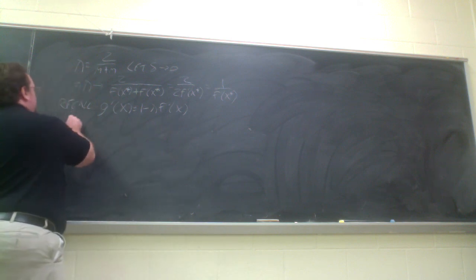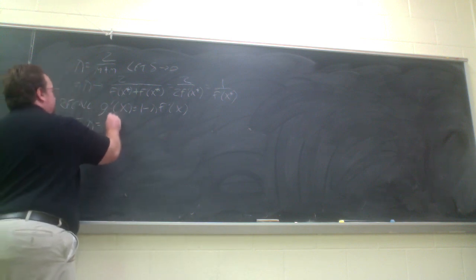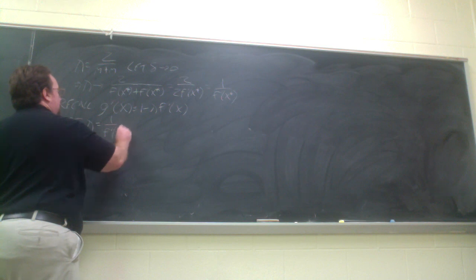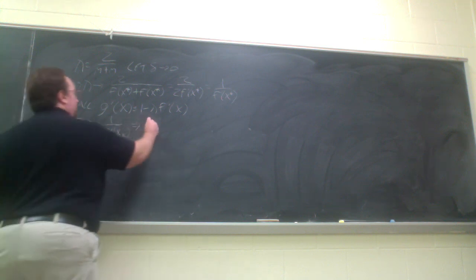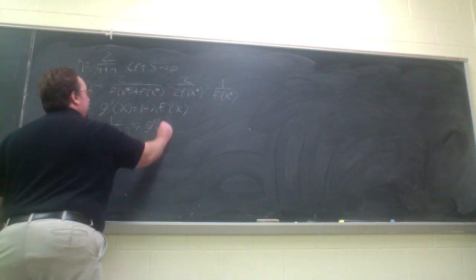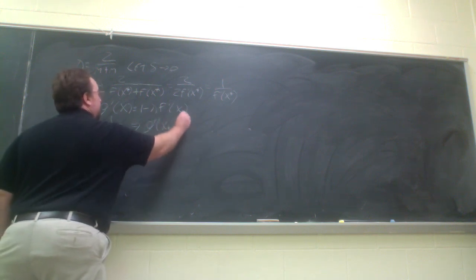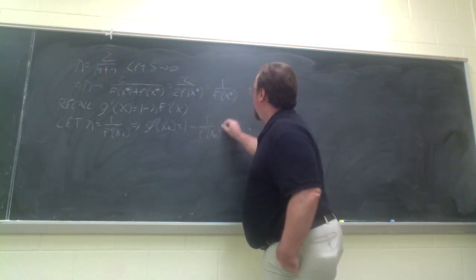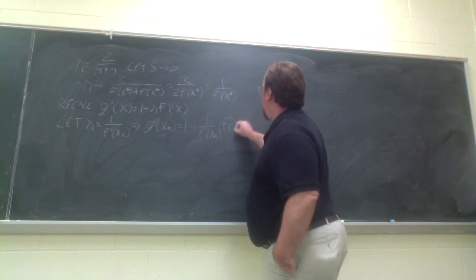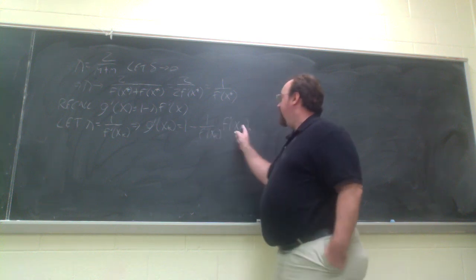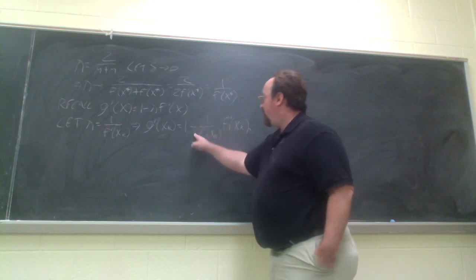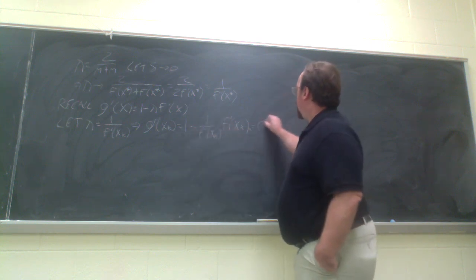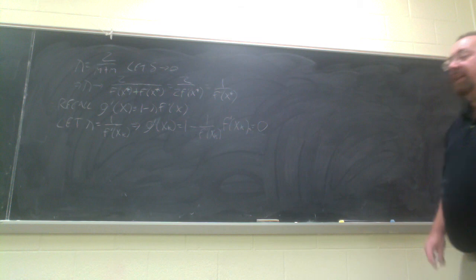So if we go ahead and let lambda vary from iteration to iteration, let's just make it 1 over f prime at xk, then G prime at xk is equal to 1 minus 1 over f prime at xk times f prime at xk. Well, these cancel and become 1. Subtracted from 1 gives you 0. And that's the ideal situation.